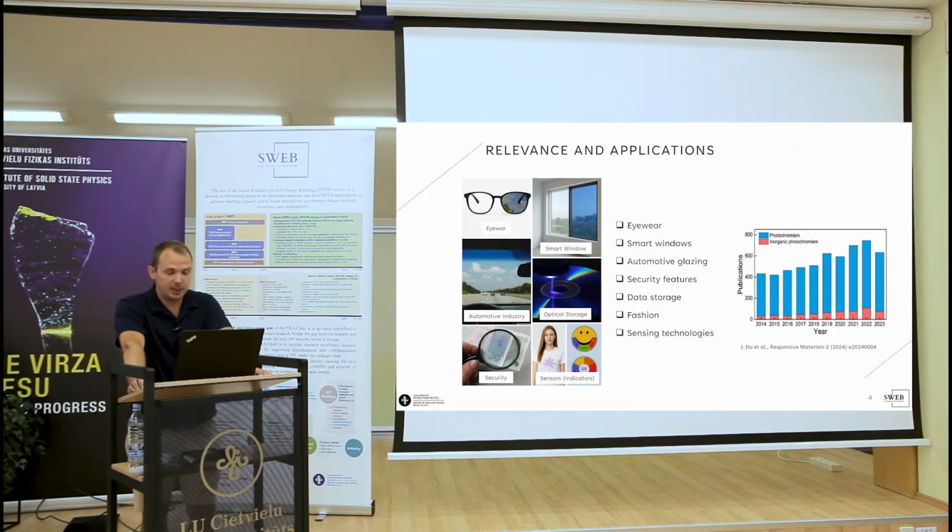Also, photochromism has found its usefulness in optical storage, also in security, and in sensors or indicators. And actually, the bilayer structure that I will talk about in detail today has properties suitable for indicators.